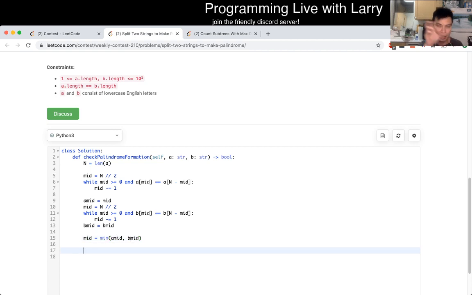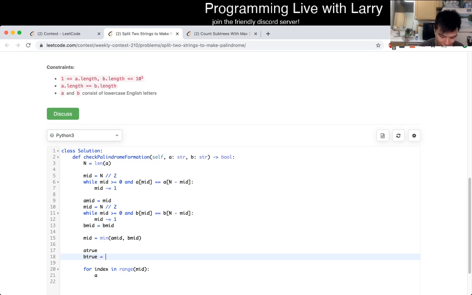So then now we have the middle chunk. Now we have to go from index and range limit. A is 2, A true, B true. Those are such terrible names. A match maybe is better.